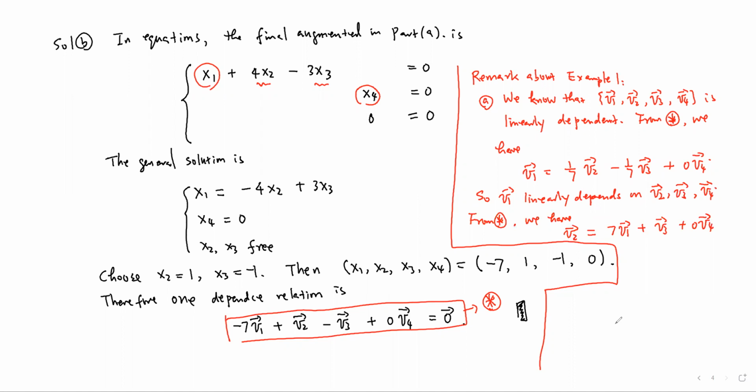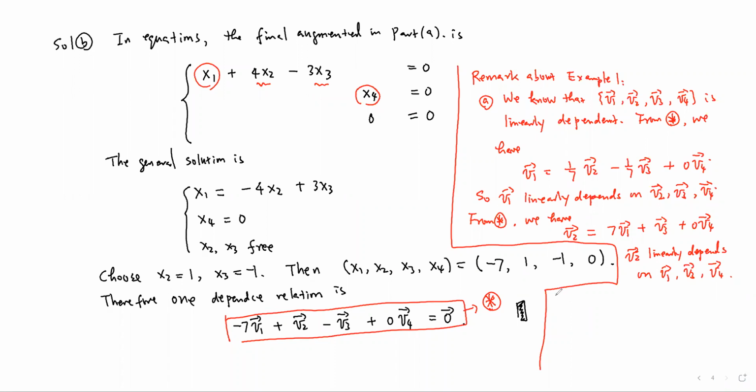V2 is a linear combination of V1, V3, V4. So by definition, V2 linearly depends on V1, V3, and V4.